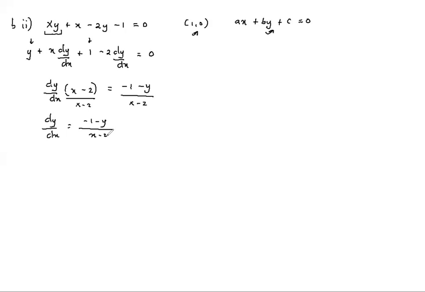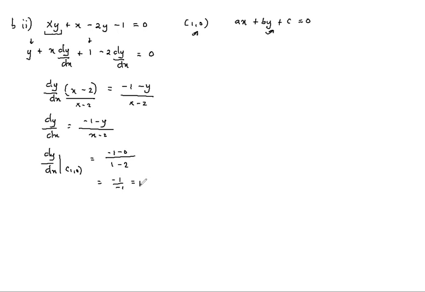This is what gives us the gradient at that point. So we substitute the point (1, 0). We have negative 1 minus 0 where there is y, and 1 minus 2. So we have negative 1 over negative 1, which is 1.